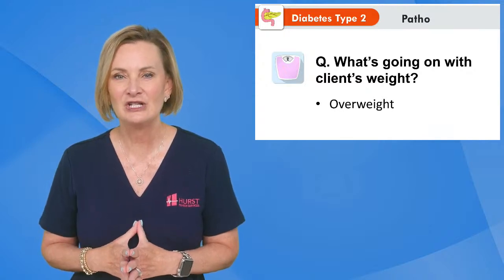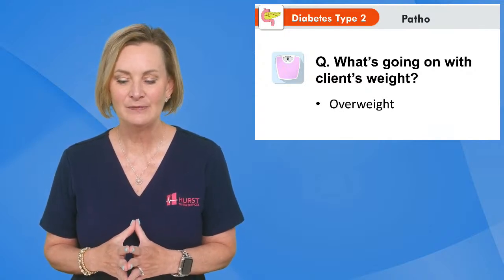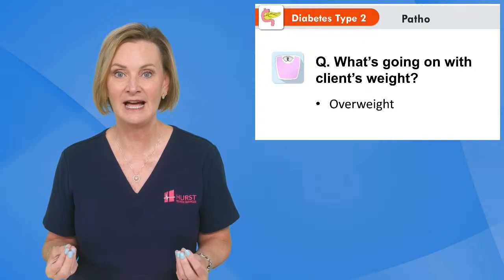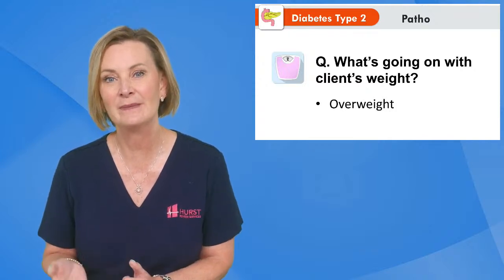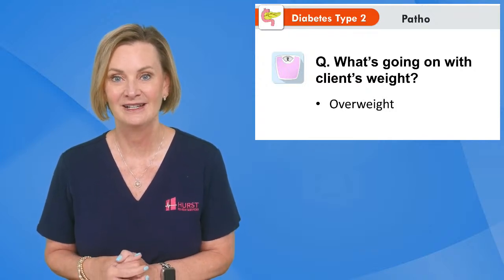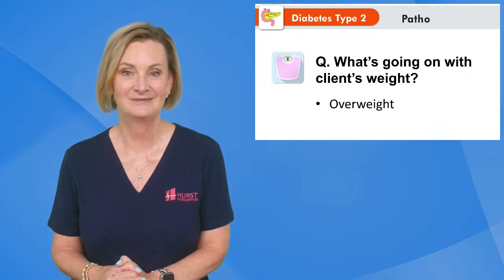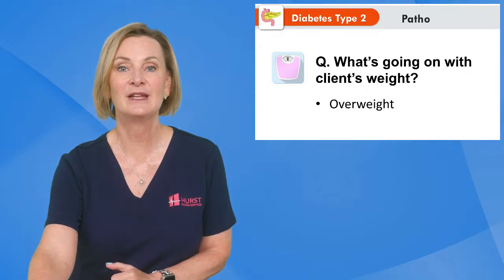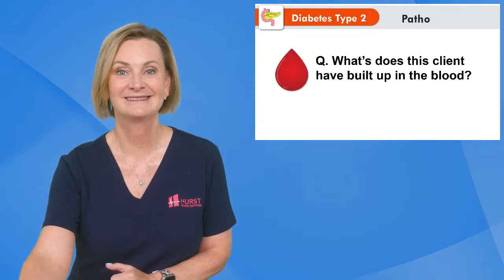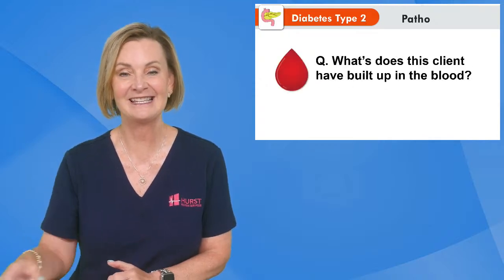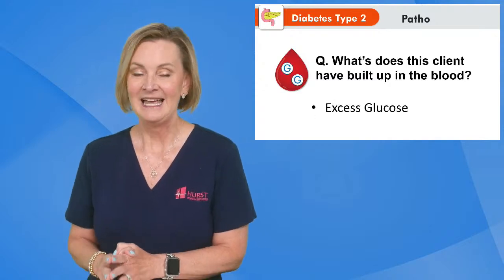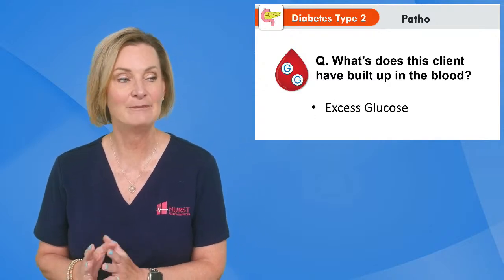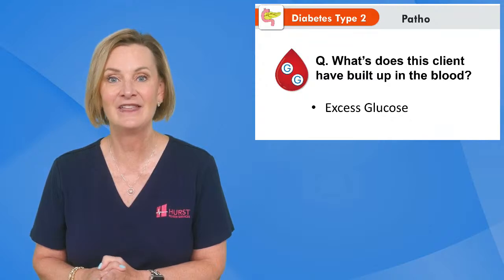Now, let me ask you a question. Why would this person have such a hard time with recurrent infections or maybe a wound that will not heal? What do you think about that? Well, what does this client have building up in their blood? That's right, they've got excess glucose, and bacteria thrive in that environment.